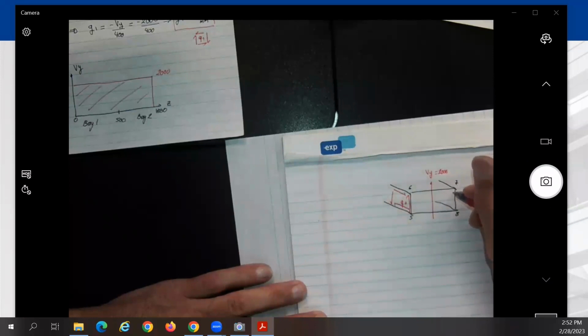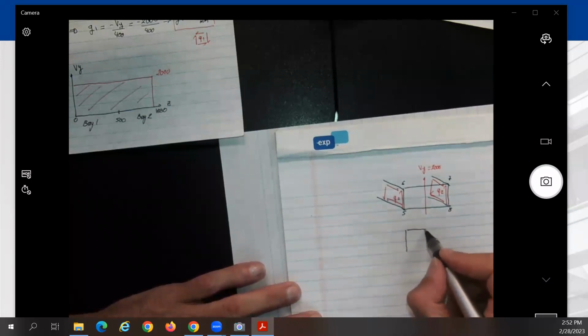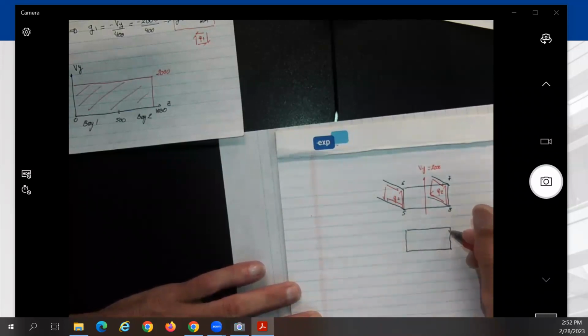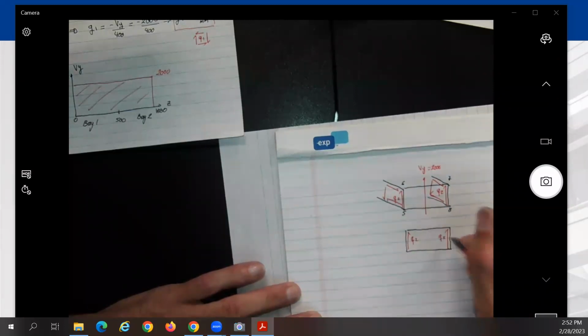Same thing on the other side, Q2, Q2, 200, Vy.